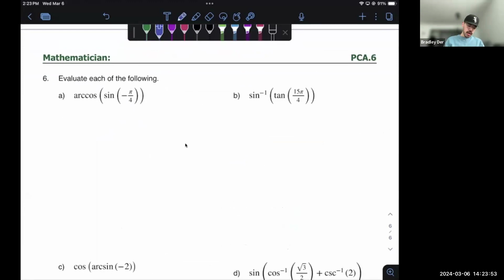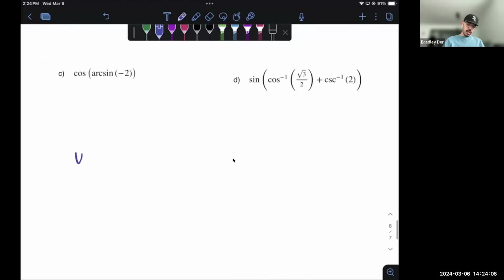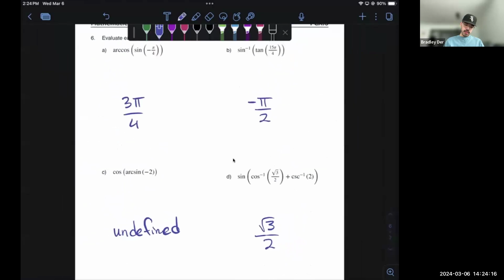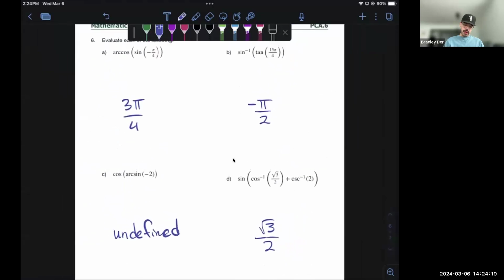You can do that too. 3 pi over 4, negative pi over 2, undefined, and root 3 over 2. All right, those are your answers for page 6.